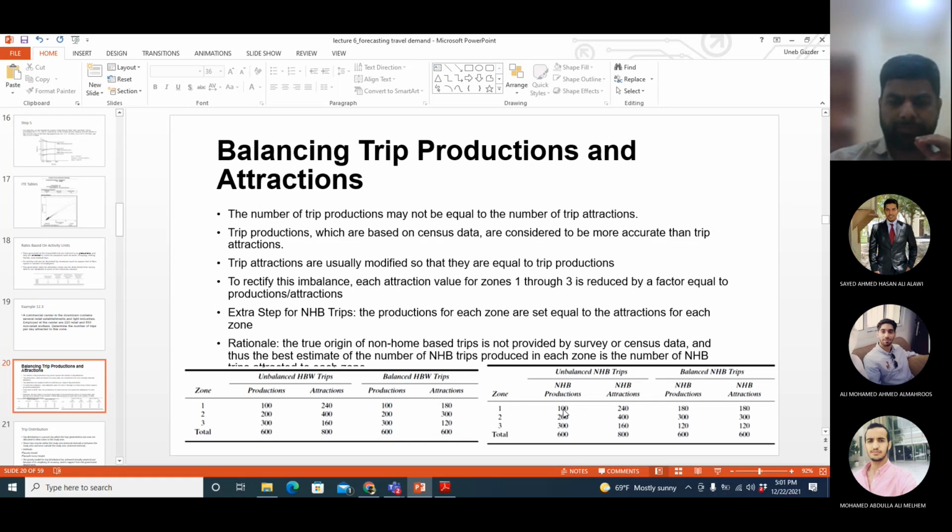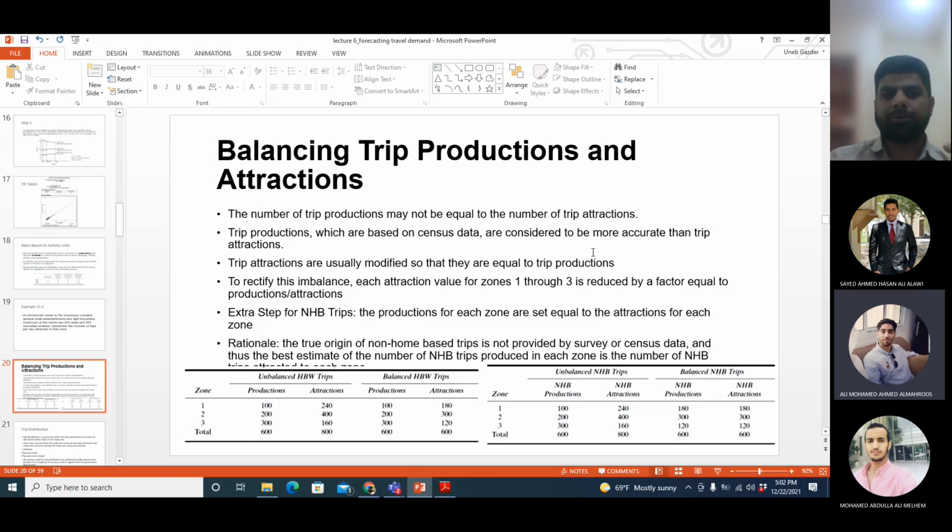Now, usually or ideally, the number of trips produced and the number of trips attracted should be equal. Whoever is coming to the area will go back to his house, or whoever is going from the house, from the area, should come back to his house.